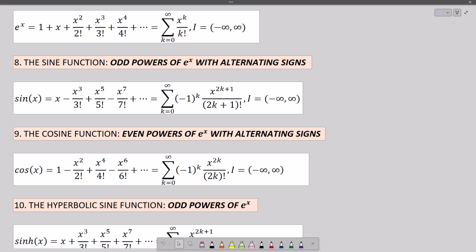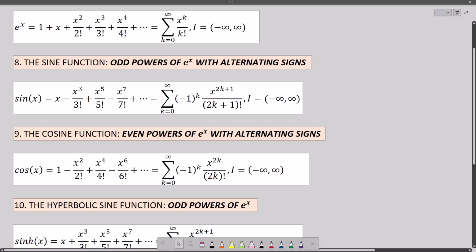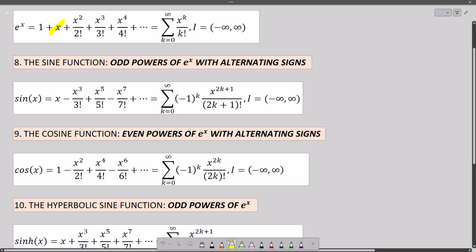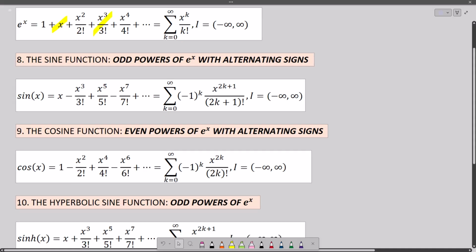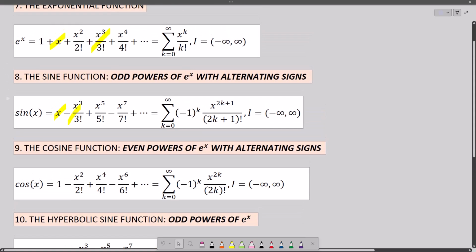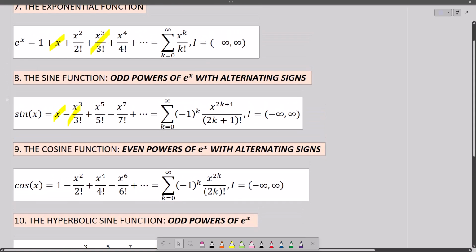Isn't sine all the odd powers of e to the x with a switch? Right? Sine is just these odd powers of e to the x with a switch thrown in. So there is a connection between sine and e to the x, and we will come to see it later.